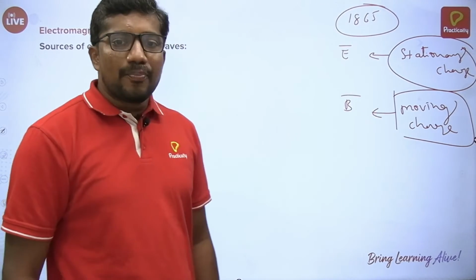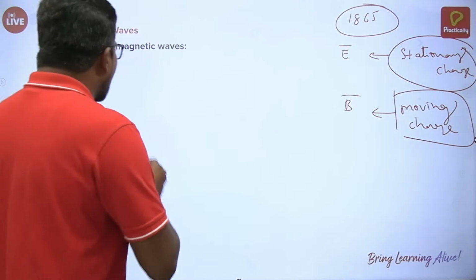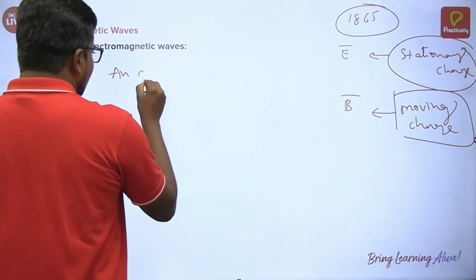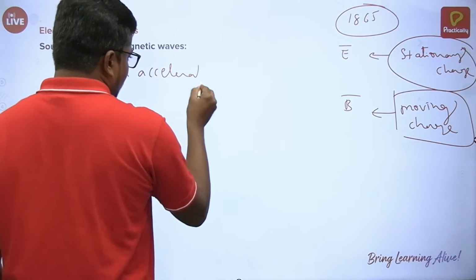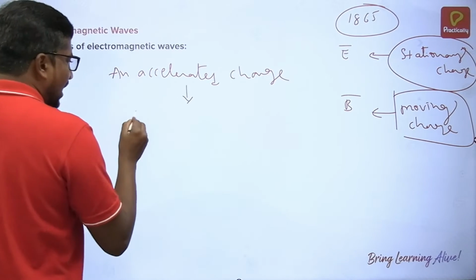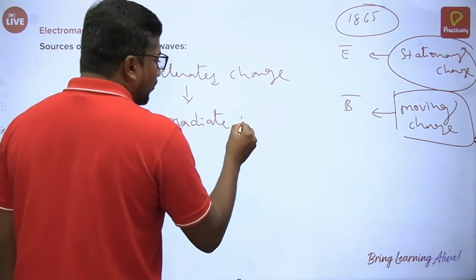But how will electromagnetic waves be generated? By the help of an accelerated charge. An accelerated charge can radiate electromagnetic waves.